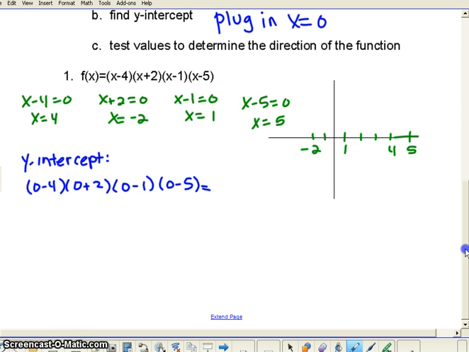So that's negative 4 times 2, which is negative 8. Then negative 8 times negative 1 is positive 8, and 8 times negative 5 is negative 40. So my graph is going to cross the y-axis at negative 40. I'm just going to put that on there, way down low.